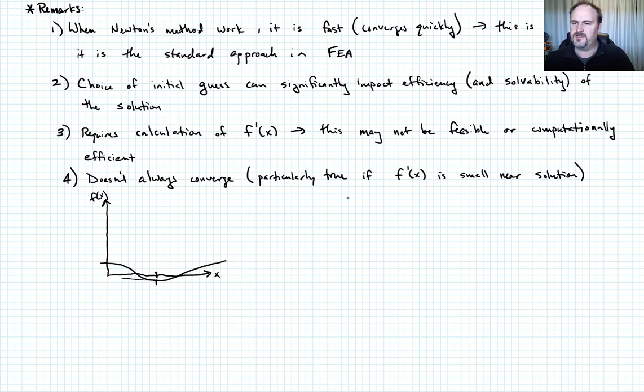Let me give you one more example where it's not that the derivative is small, it just happens to be the shape of the f of x term. So what if I have something that looks like this? Well, what could happen is that I could choose a value that's in this region. So my tangent modulus now shoots off in this direction.